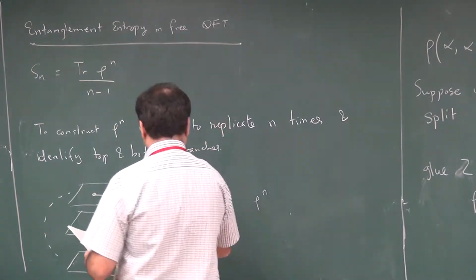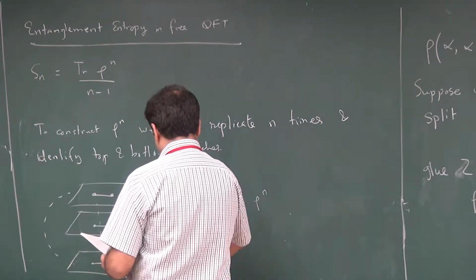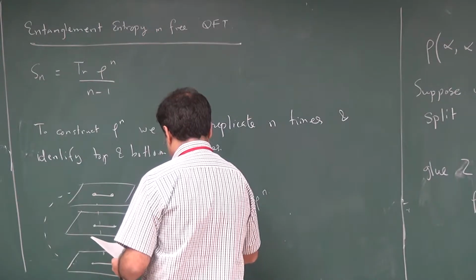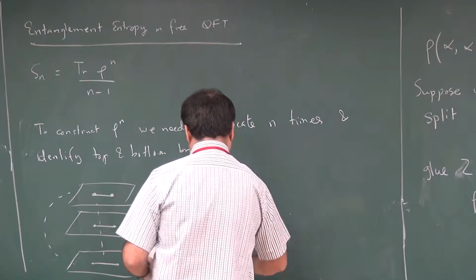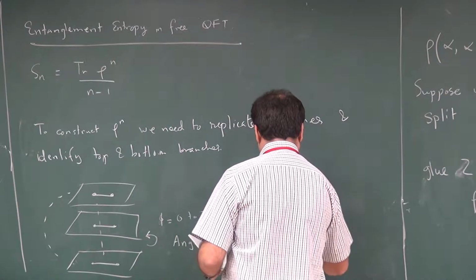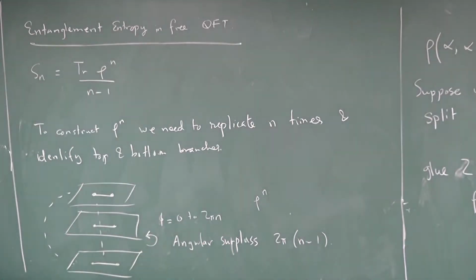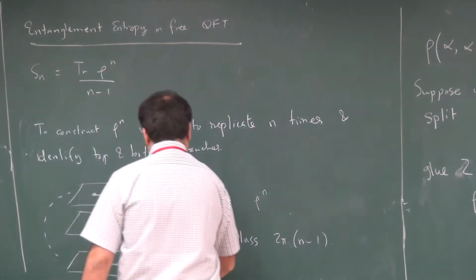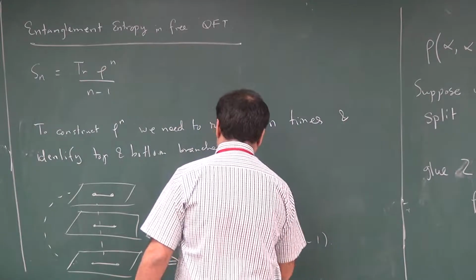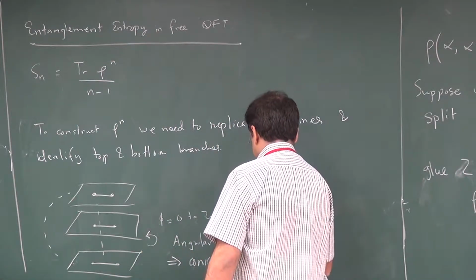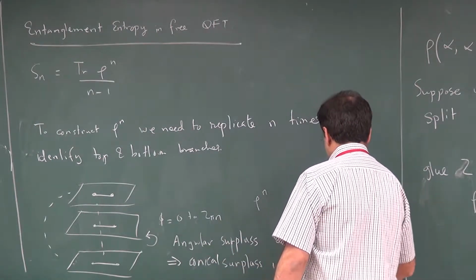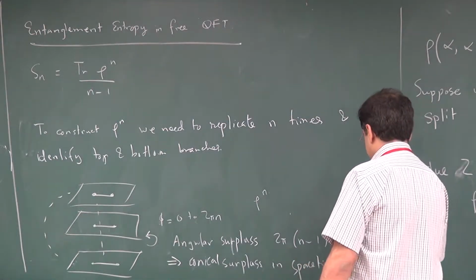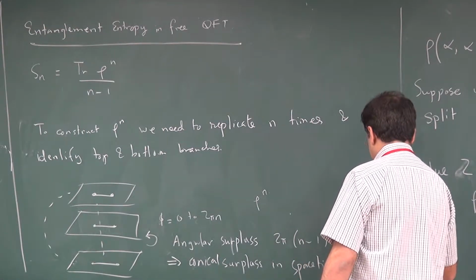Because phi ranges from 0 to 2 pi n, what you have is an angular surplus of 2 pi times n minus 1 in the space time, which means that there is a conical surplus in your space time. So this means that you need to know how to do quantum field theory in such space times, in backgrounds with conical singularities.